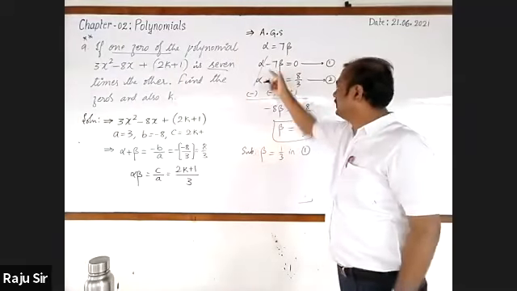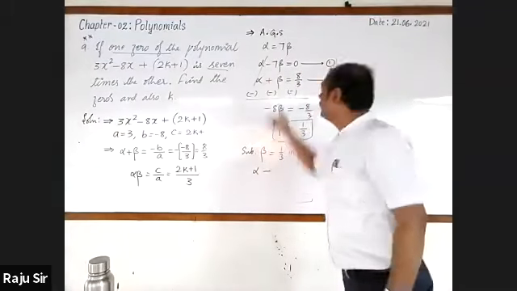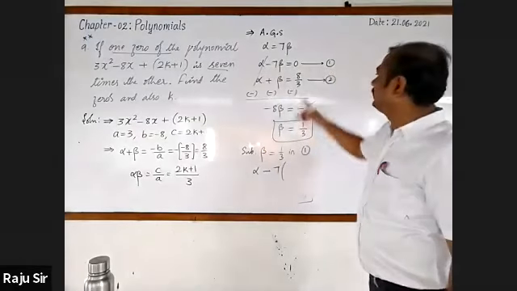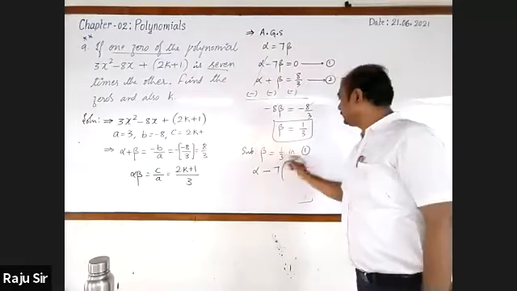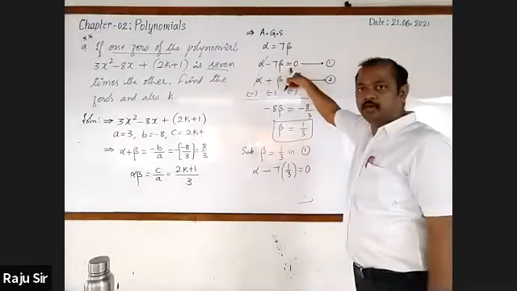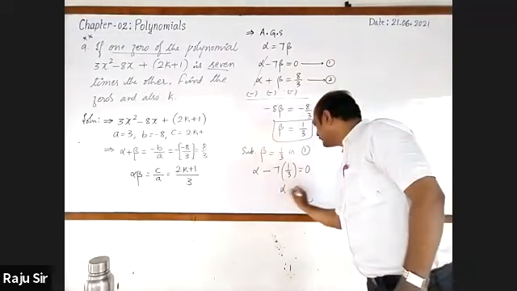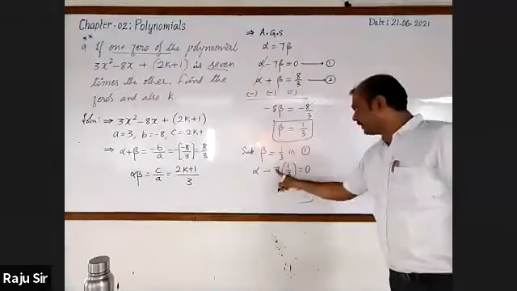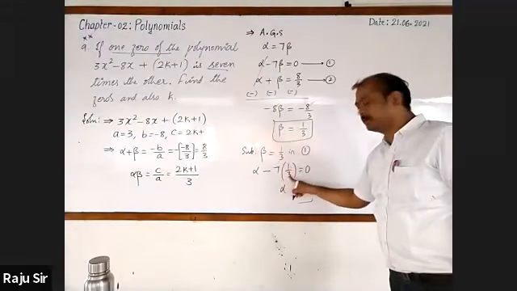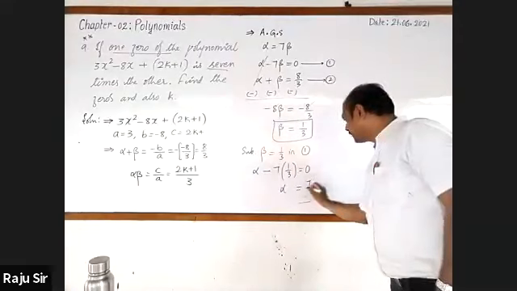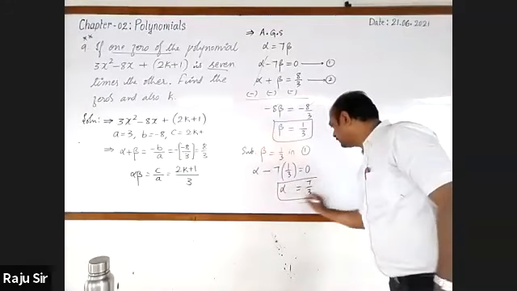Here equation 1 is alpha minus 7 into beta, where beta is 1 by 3, equal to 0. Then alpha is equal to, transferring, first multiply: 7 ones are 7, it is 7 by 3. Transfer minus 7 by 3 to the right hand side. It becomes plus 7 by 3.